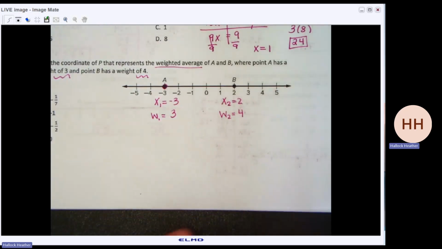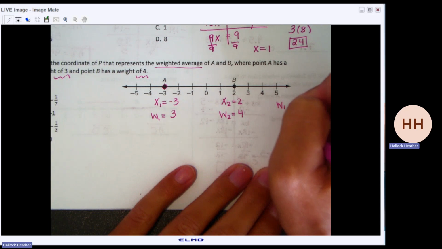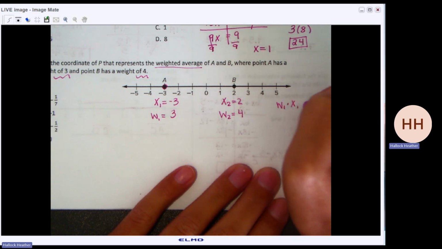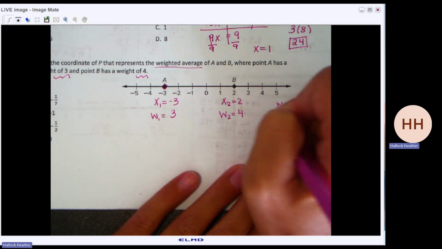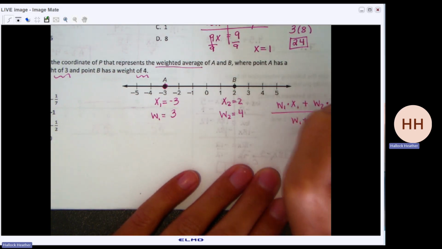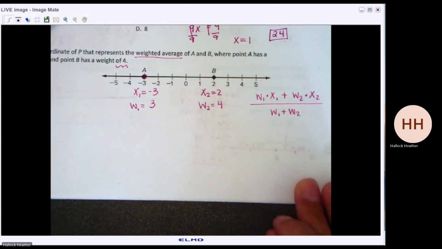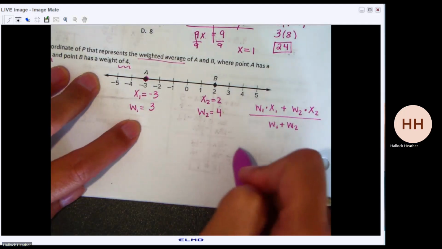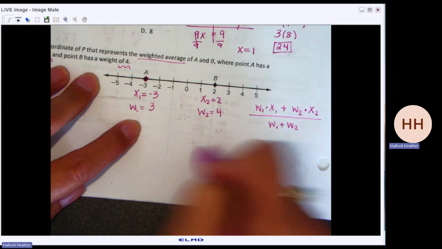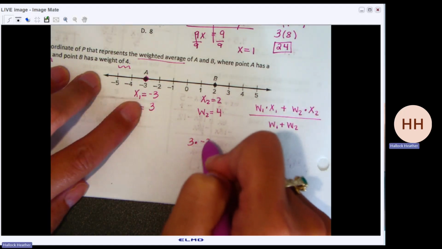The formula for this that we wrote down was weight sub 1 multiplied by x sub 1 plus weight sub 2 multiplied by x sub 2, divided by the weights added together. So this is my formula from your notes that we should be using. So I'm taking weight sub 1, which is 3, multiplying by x sub 1, which is -3.